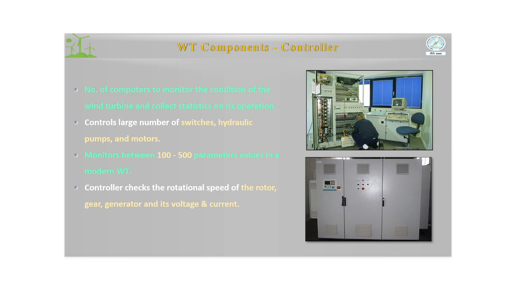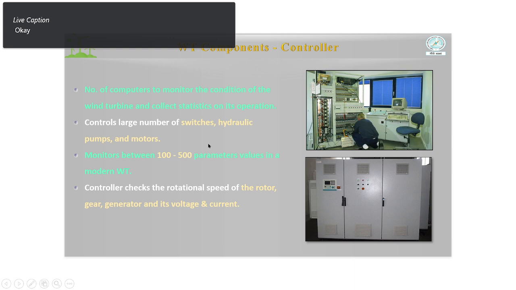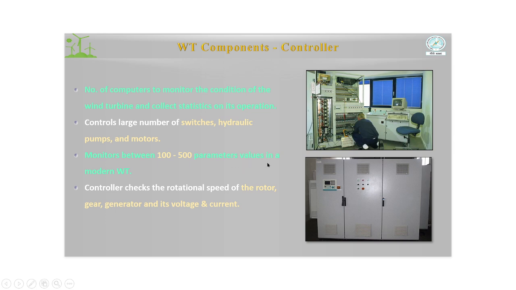Everything you'll know. It controls a large number of switches, hydraulic pumps and motors, which are used in pitch control and yaw control, and more than 100 to 500 parameters will be monitored by the controller.